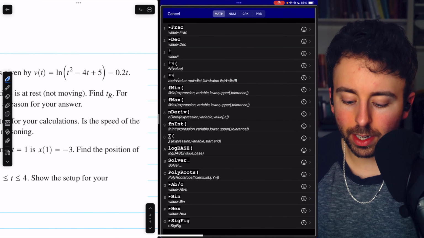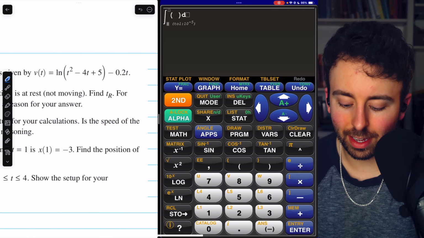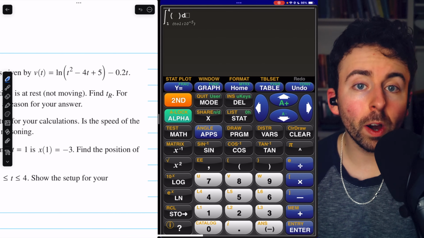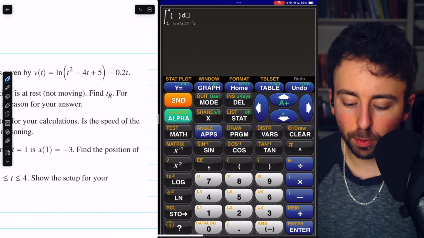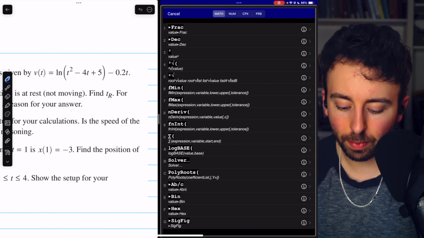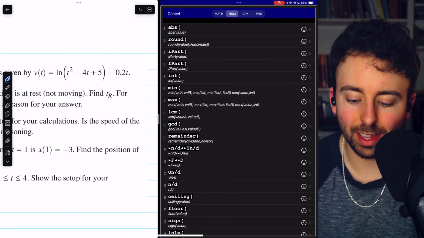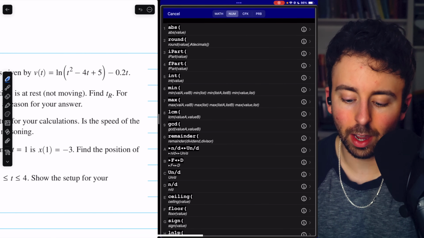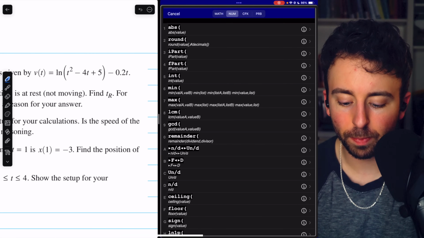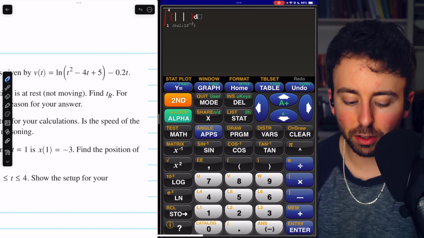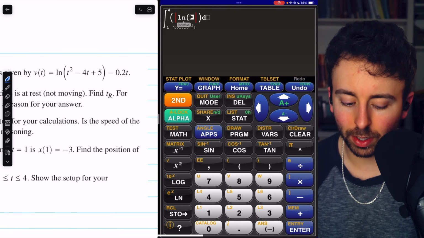Again, I'll press the math button and option 9 to access the integration function. We are integrating from 1 to 4. And then before I type in my velocity function, I'm going to press the math button again and then access my absolute value function, which is in the number category of that math button submenu. Option 1 is the absolute value function, and then in these absolute value bars, I can type in the velocity function.